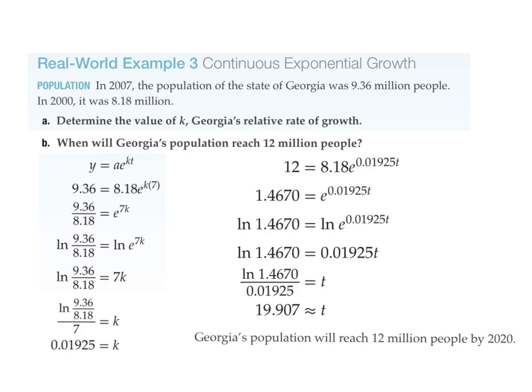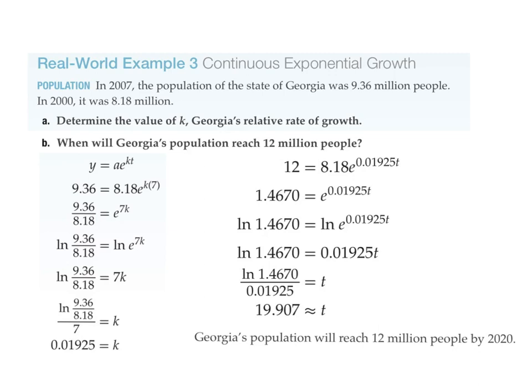I'm curious what Georgia's population is now, to see if this is even accurate. Give me a second, I'm going to Google it and look it up and tell you. All right, the best information I can find from the U.S. Census Bureau, the most recent number they have is July 2018, and it is 10,519,475 people.